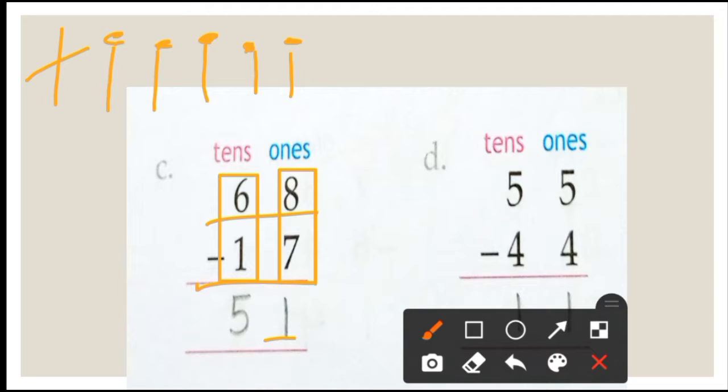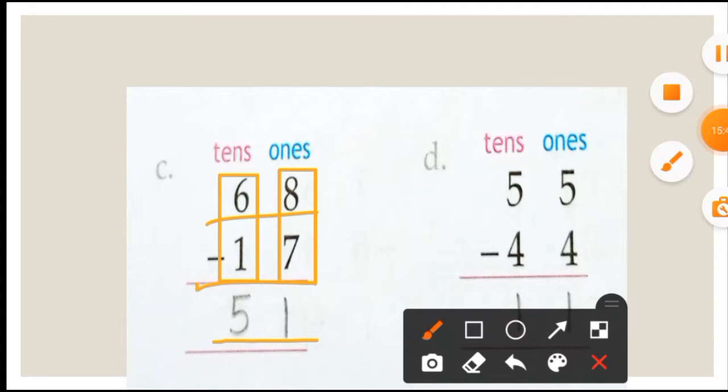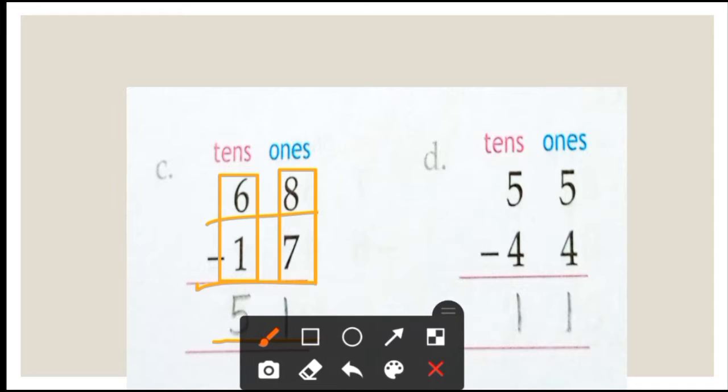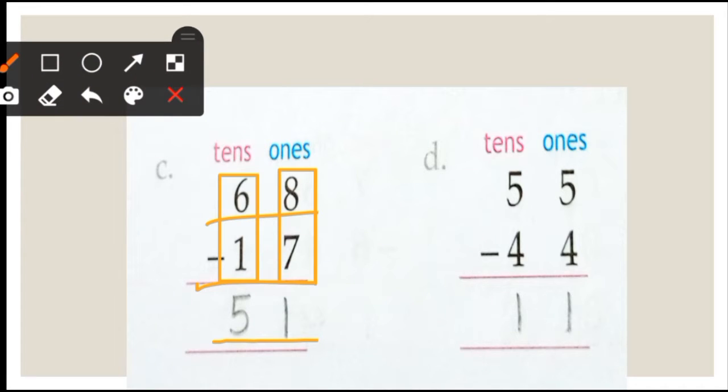It means 6 minus 1, answer is 5. So students, here 68 minus 17, answer is 51. Once again, 68 minus 17, so answer is 51.